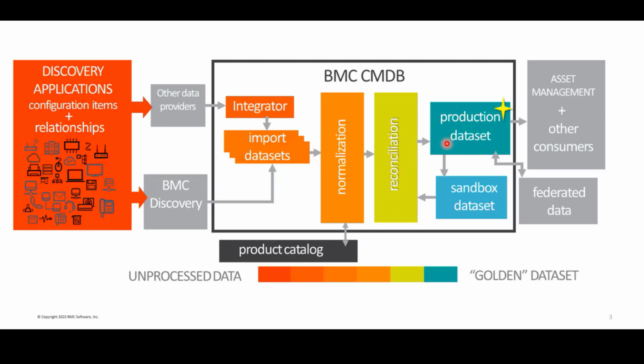So we will be talking about how different sources participate in reconciliation to update a single production data set. Once we have this data set, the data in bmc.asset is available to the asset management console and other consumers.